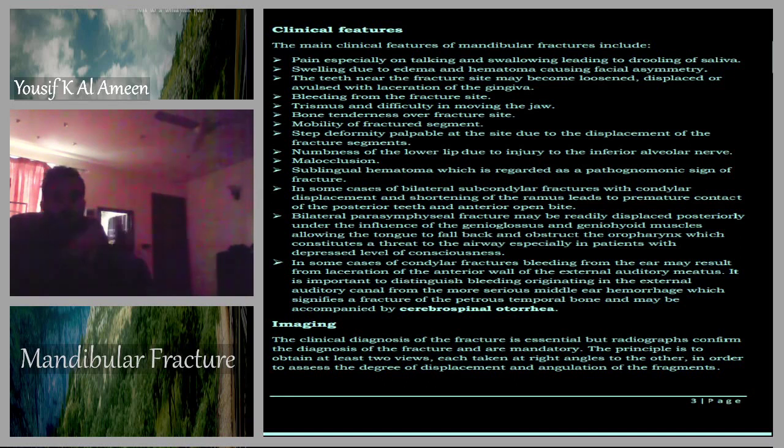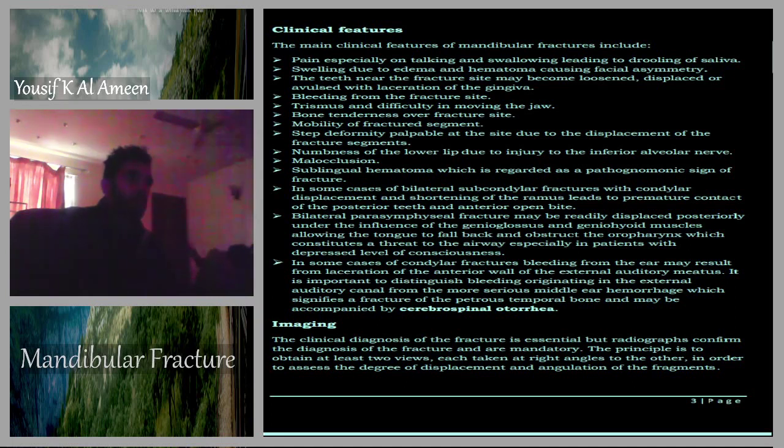Malocclusion. Sublingual hematoma, which is regarded as pathognomonic.